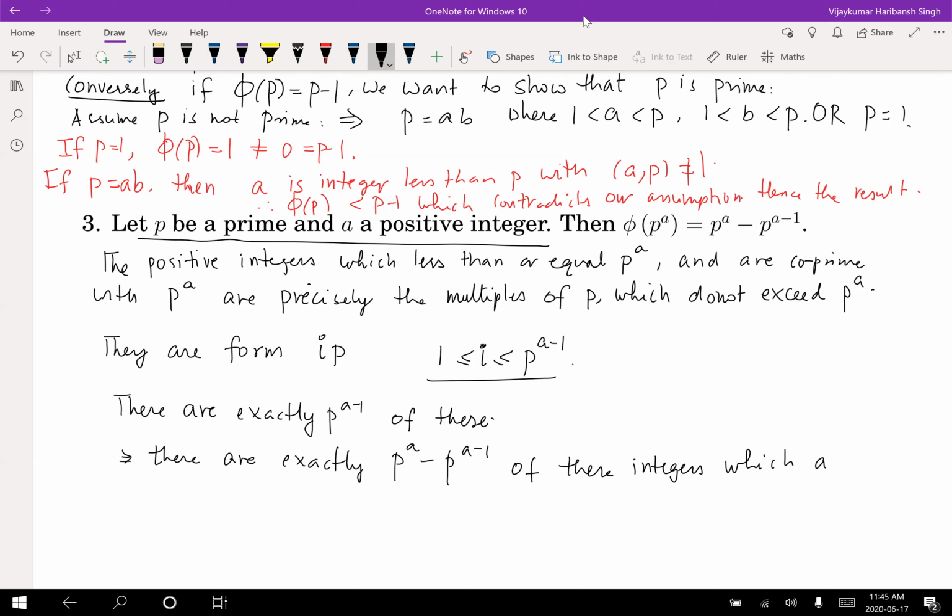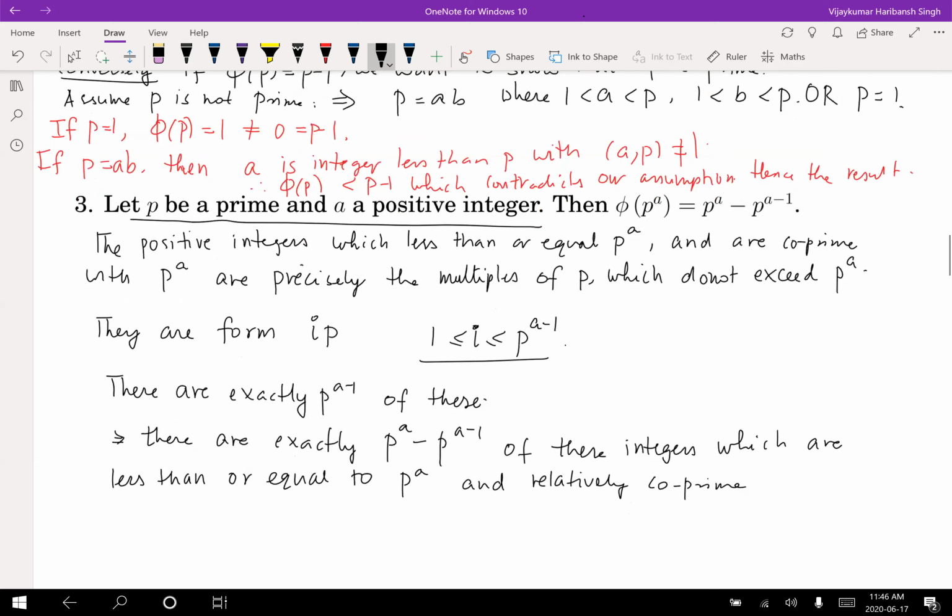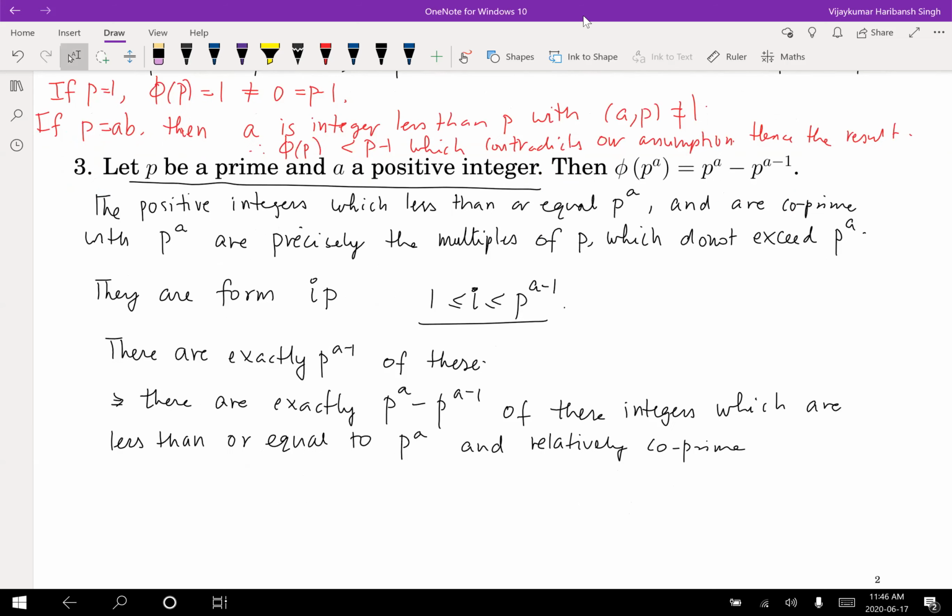So there are exactly p to the power a minus p to the power a minus 1 of these integers which are less than or equal to p to the power a and relatively coprime, or relatively prime, to p to the power a.